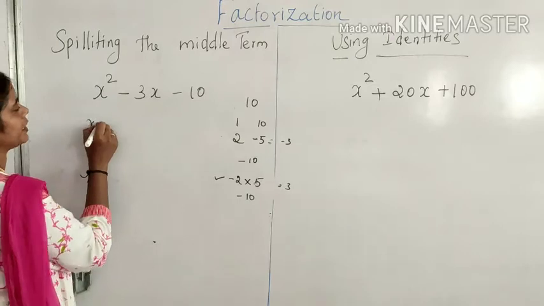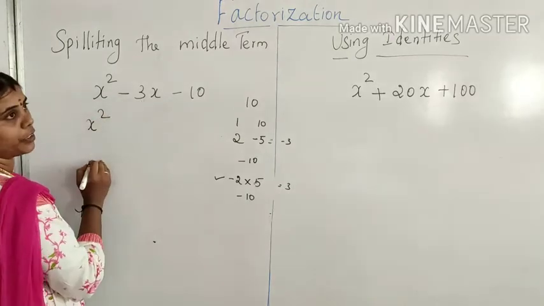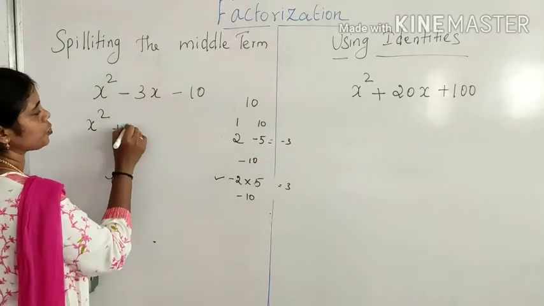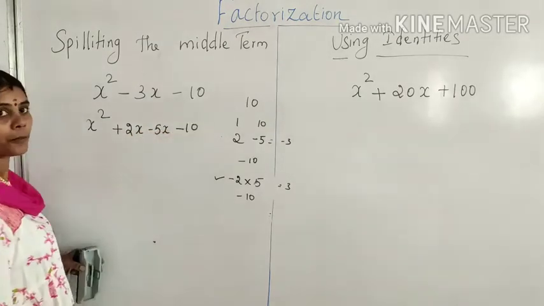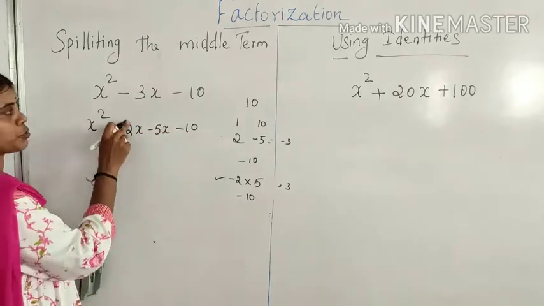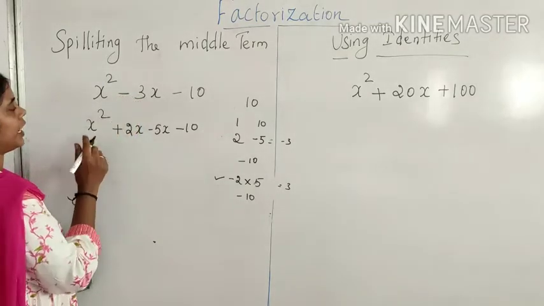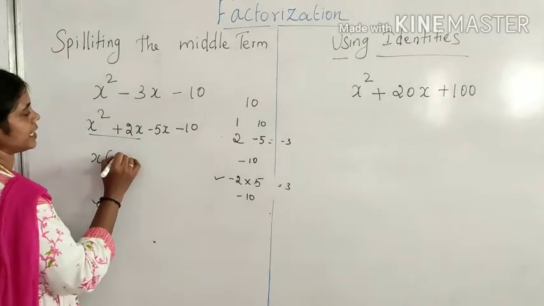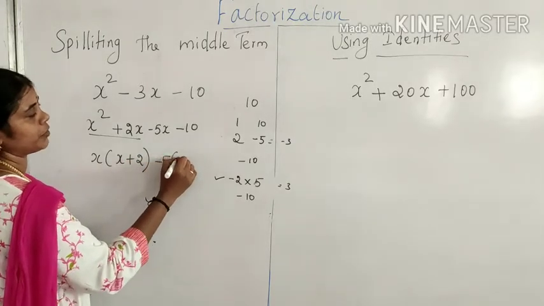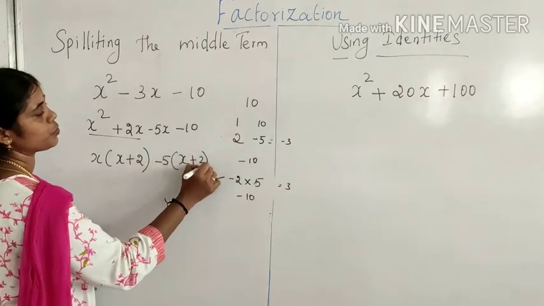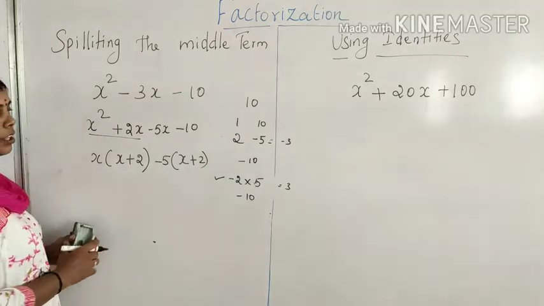Here how will we write x squared and this 3x? Minus 3x can be written as plus 2x minus 5x minus 10. Right? Because 2 minus 5 is minus 3. In this, common is x, giving x plus 2, and here if you take minus 5, then it is x plus 2. Yes or no? Right?